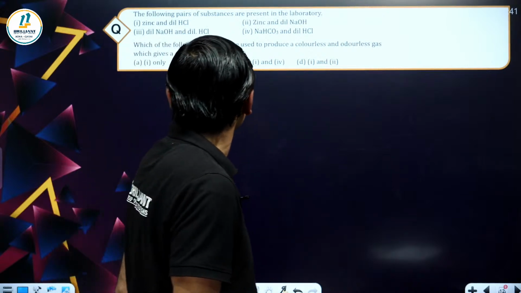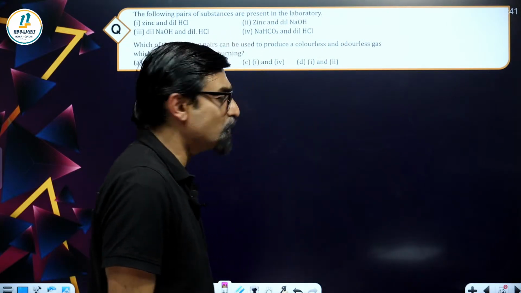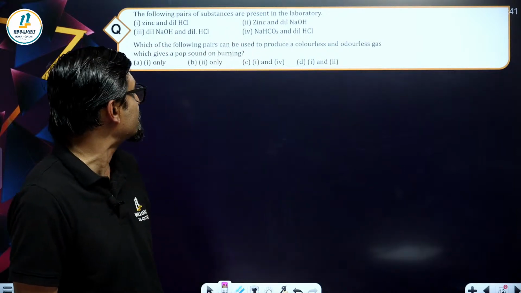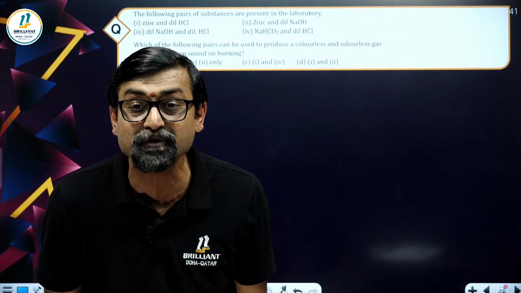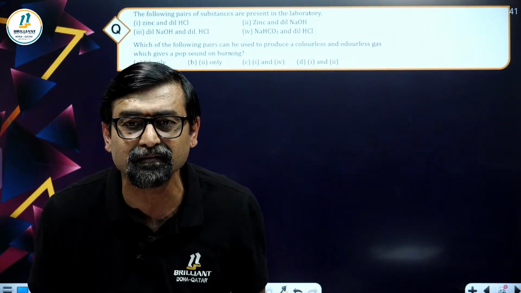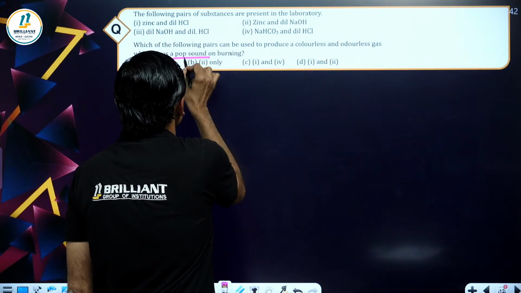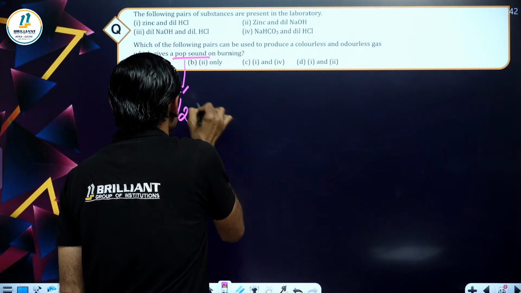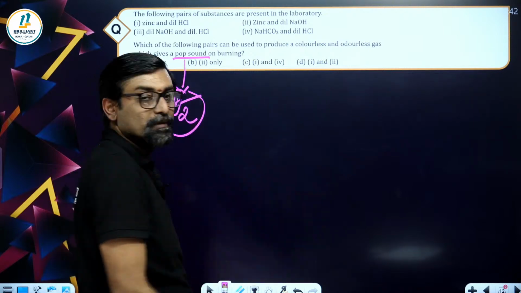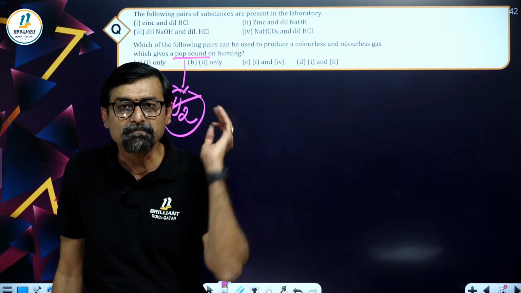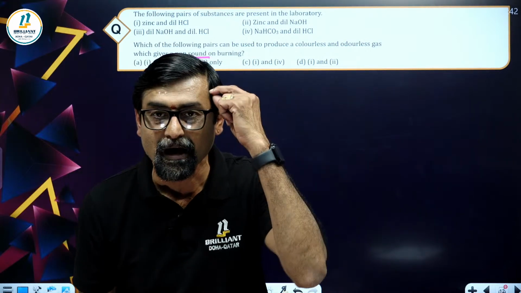So, what is the question? Which of the following pairs can be used to produce a colorless and odorless gas which gives a pop sound? As soon as you hear a pop sound, what should come into your mind? It is none other than hydrogen. When you come across the word pop sound, the immediate word that should come into your mind is hydrogen gas.